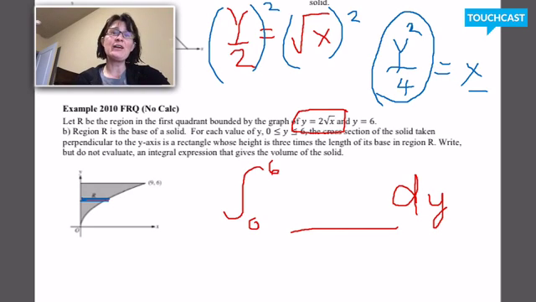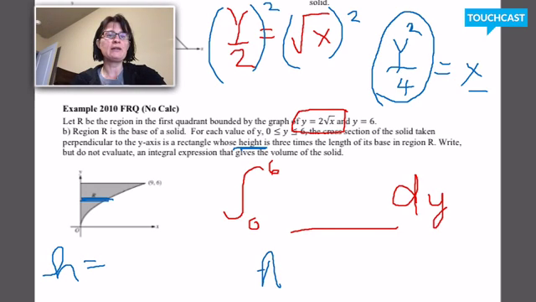To find the area of a rectangle, I'm going to multiply this length times the height. And they've given us some information about the height. They said that the height is 3 times the length. So I know a couple things. I know area is going to equal length times height.